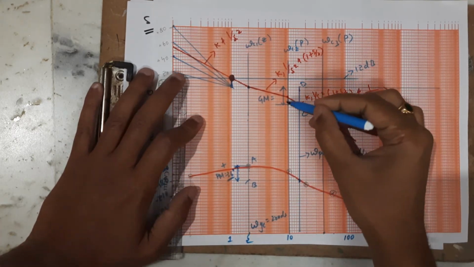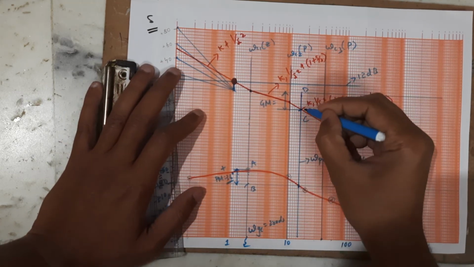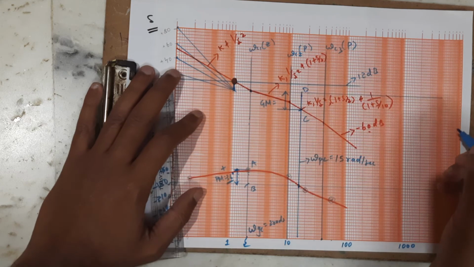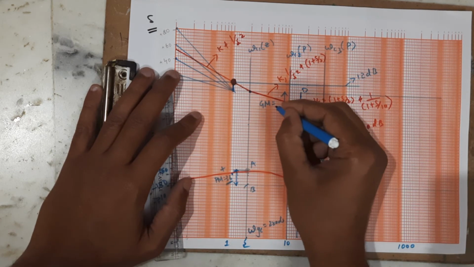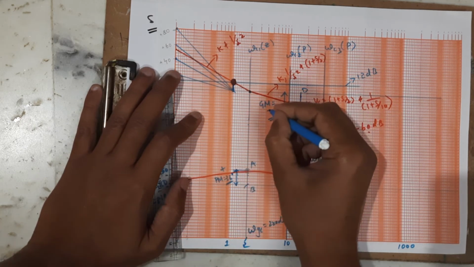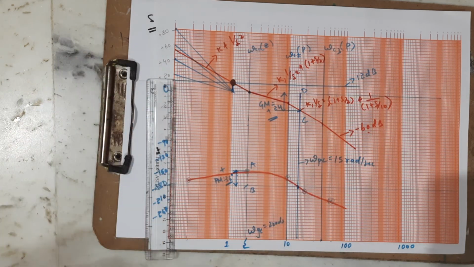Each small unit represents 4 dB, and there are 6 units, so 6 times 4 is 24 dB. So gain margin is positive 24 dB and phase margin is 36 degrees.